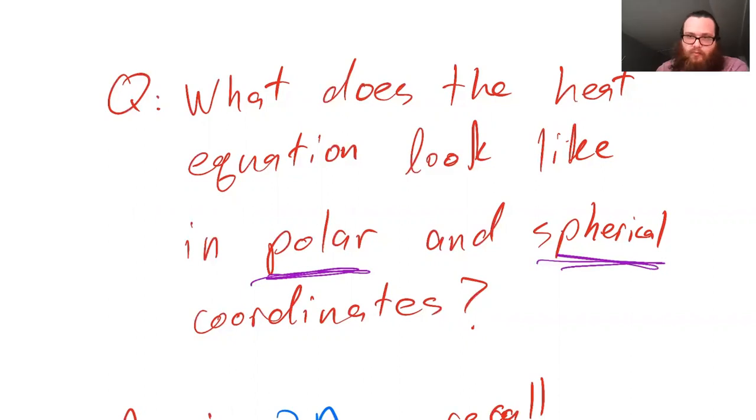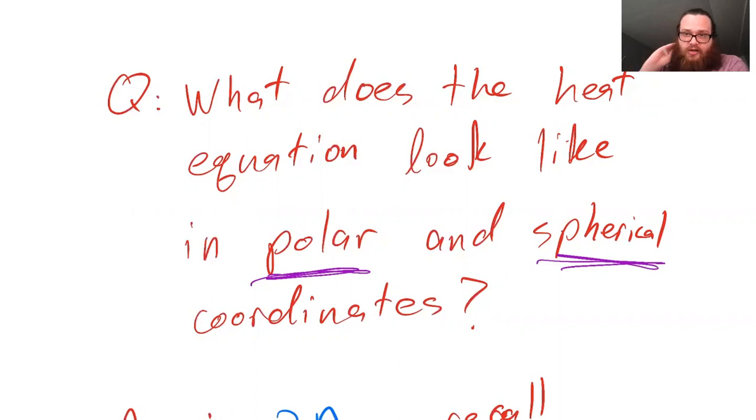I'll review what these coordinate systems are, but then we'll talk through some of the computations to re-express this operator nabla squared, that diffusion piece in the heat equation. What we want to do is express that with respect to different coordinate systems.